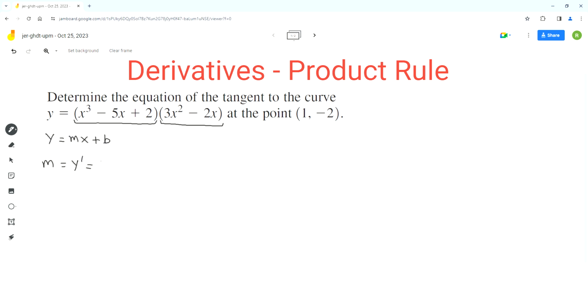So we'll start by writing x cubed minus 5x plus 2 times the derivative of the second function, which will be 6x minus 2, and then plus the derivative of the first function, which will be 3x squared minus 5 plus 0. The derivative of 2 is 0 because 2 is a constant, and then times the second function.